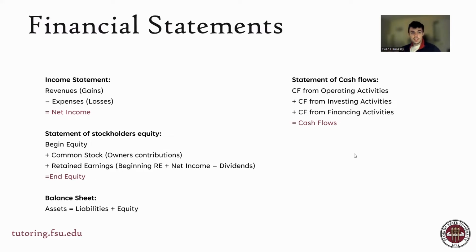equity. The balance sheet is your assets equals your liabilities plus your equity. And I'll stop and say I find it helpful to think of stockholders' equity as just a part of the balance sheet, so that there are three financial statements: the income statement, balance sheet, and statement of cash flows.